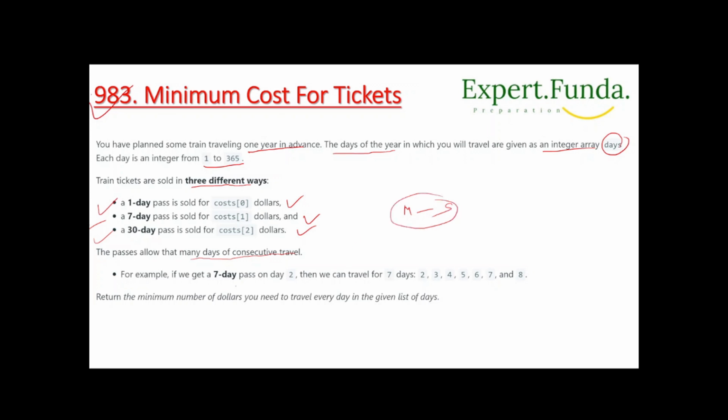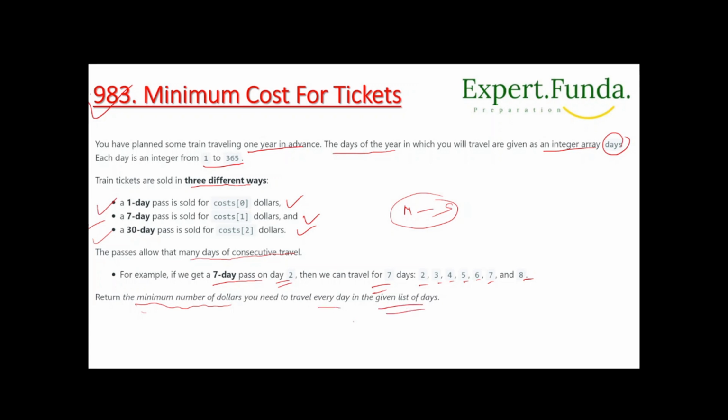For example, if we get a 7 day pass on day 2, then you can travel 7 days, as you can see: 2, 3, 4, 5, 6, 7 and 8. So you have to return the minimum number of dollars you need to travel every day in the given list of days.